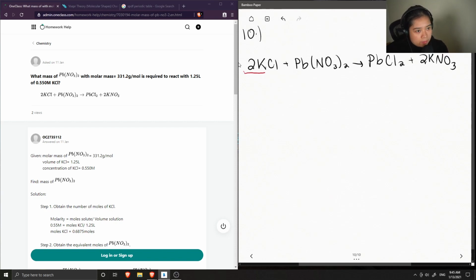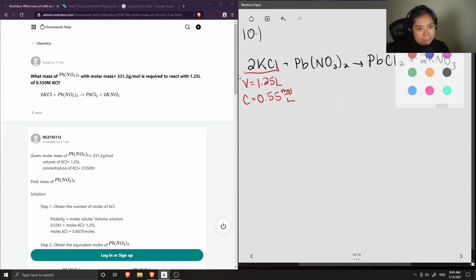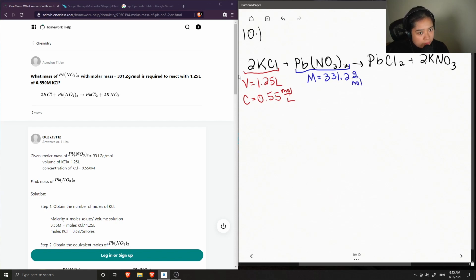Okay, so our potassium chloride solution had a volume of 1.25 liters and a concentration of 0.55 moles per liter. And we also know that our lead nitrate has a molar mass equal to 331.2 grams per mole. And we're trying to find its mass.